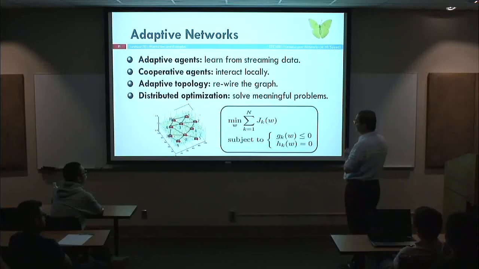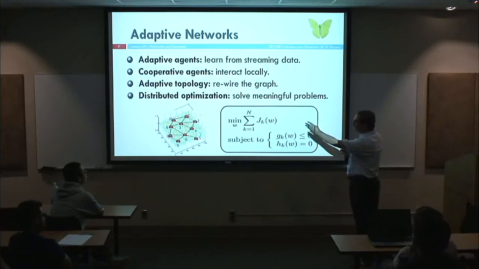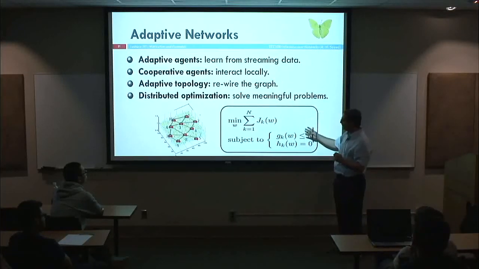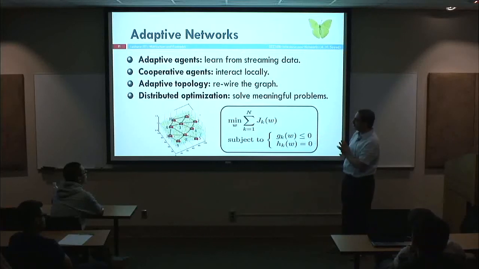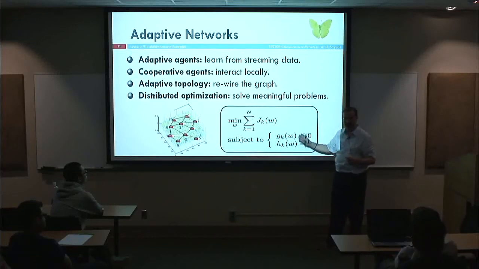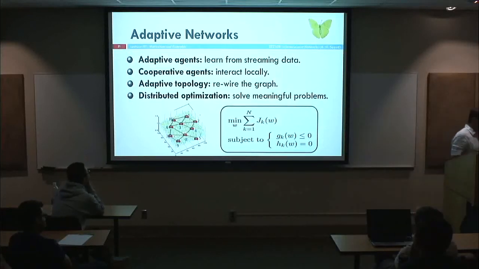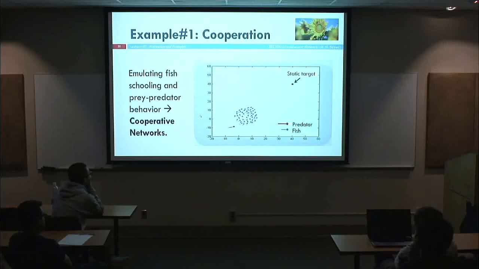So how do I design strategies that allow agents to solve a problem like this and converge to a solution, even though every agent is limited to knowing only its own functions, its own data and its neighbors? This is one of the questions we are going to be studying.